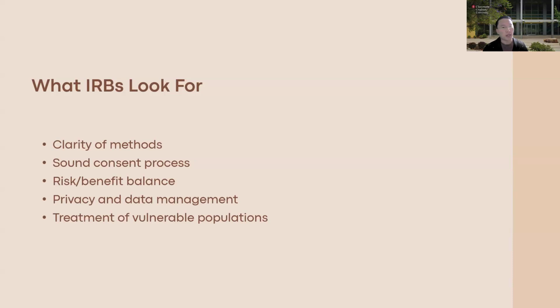When submitting an IRB application, you always want to make sure that the methods and outlines you write are clear and easy to understand, using concise language. You may want to avoid jargon or complicated sentences that can make it confusing for the reviewers. So clarity of method is important.